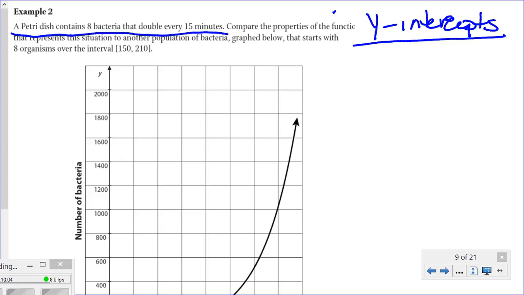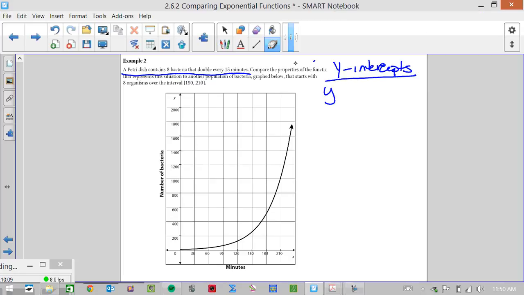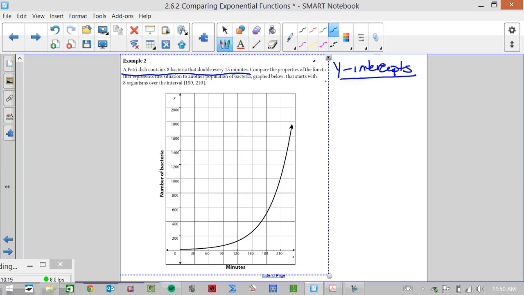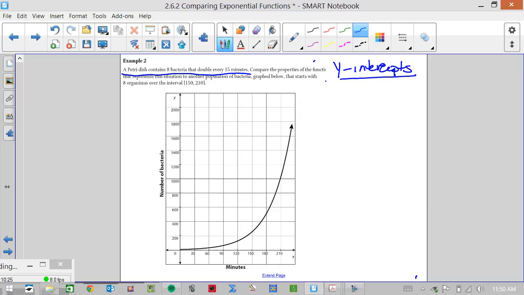So my equation, it's exponential, would be y, let's use f of x, is equal to 8, which is my starting amount. It's going to double every 15 minutes. So I don't raise it to the 15, but I raise it to the x over 15.